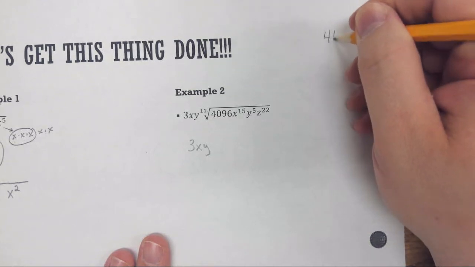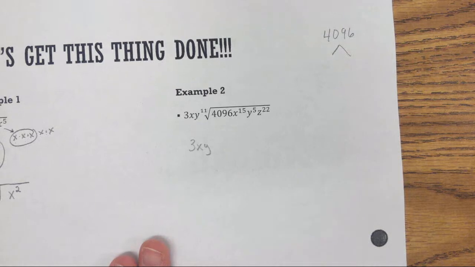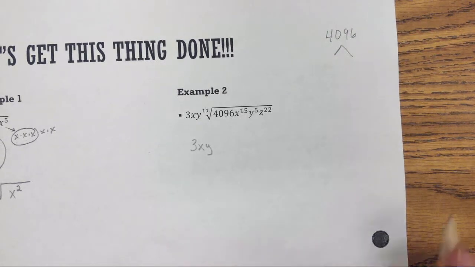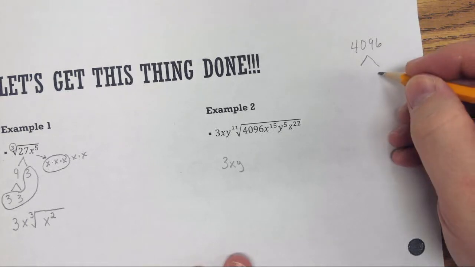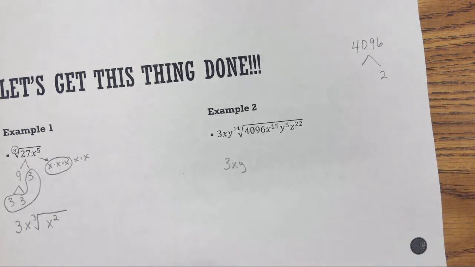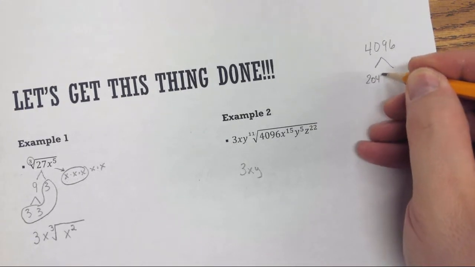Now 4096 I'm going to start breaking down. Because this is an even number, I can divide 4096 by 2. And I get 2048.